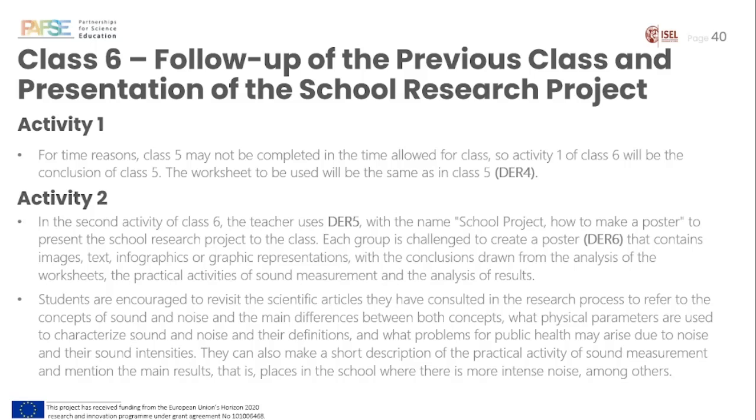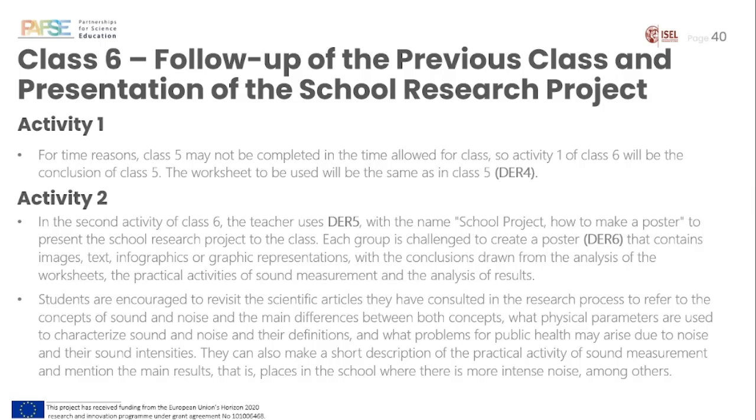In the second activity of class 6, the teacher uses the PowerPoint presentation entitled School Project How to Make a Poster to present the school research project to the class.